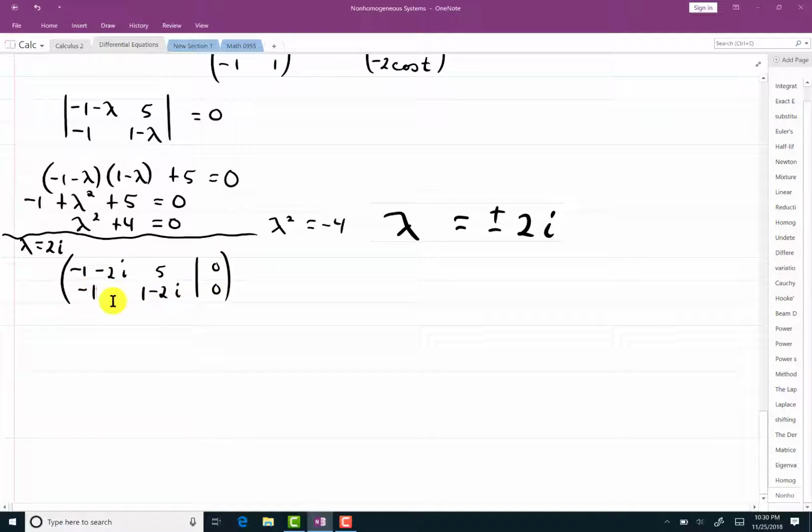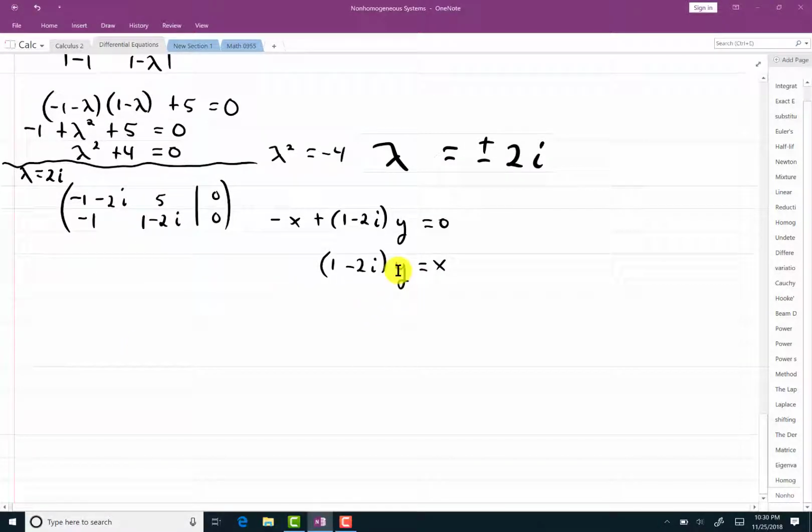Now, I've shown you before, if I try to eliminate one of these rows, it will eliminate, assuming everything I've done beforehand is correct. So instead of bothering with that, I'll just go straight to the second equation, and I will get negative x plus 1 minus 2i y equals 0. 1 minus 2i y equals x.